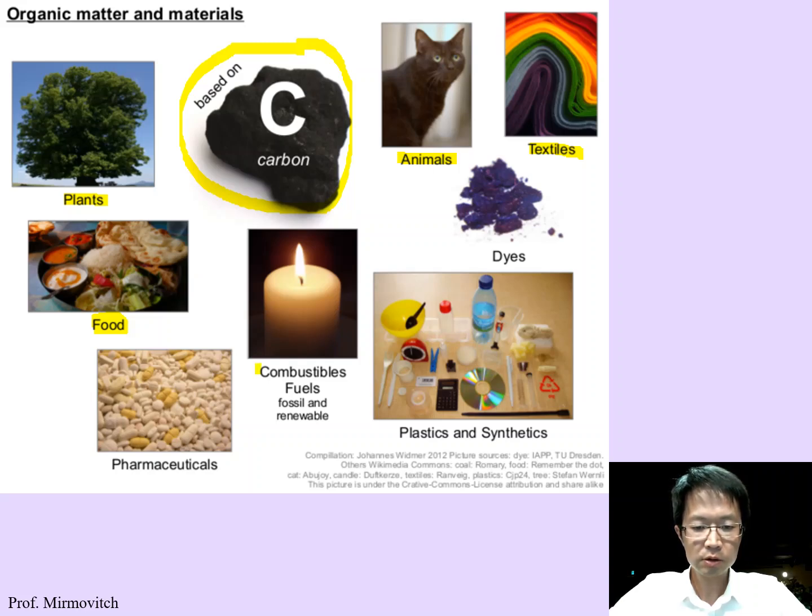Food is from animals or from plants. Combustion fuels are from fossil. They are from the dead bodies of ancient, primitive animals. That's why they are also organic. Plastics and synthetics also come from fossil fuel. And then dyes: some dyes are organic, but some dyes are inorganic, they're chemical dyes.